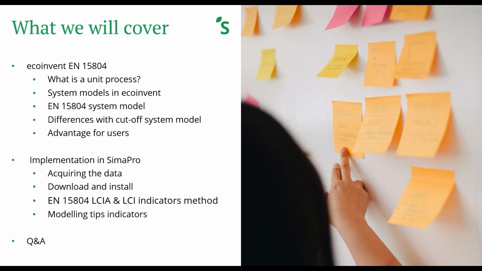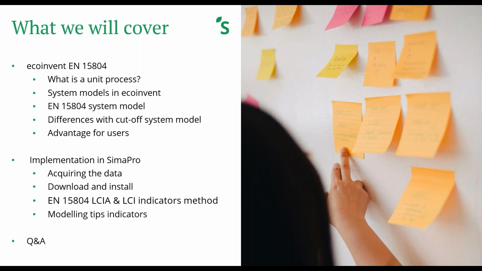So here's a little bit of what you can expect the coming hour. We will start off with Enrico. He'll give some background on the new system model, even a little bit back with what is a unit process, the various system models in ecoinvent, and specifically dig deeper into this EN15804 system model. He will highlight also what are the differences between the regular cutoff and this system model, and highlight some of the advantages for users. Then we'll switch back to our SimaPro team.